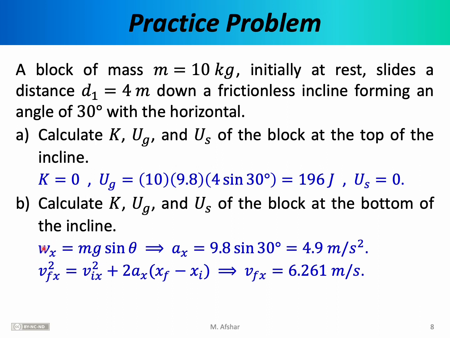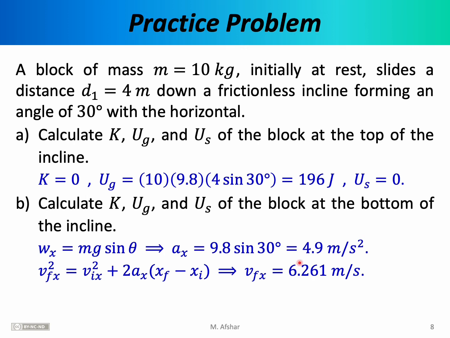In the parallel direction, weight is mg sine theta. Of course, that's going to be equal to mass times acceleration, thanks to Newton's second law of motion. So the acceleration of the block in the parallel direction, which we're calling the x direction, is going to be g sine 30, or 9.8 times sine of 30, which ends up being 4.9 meters per second squared.